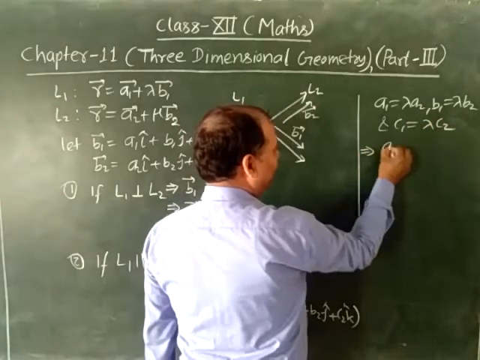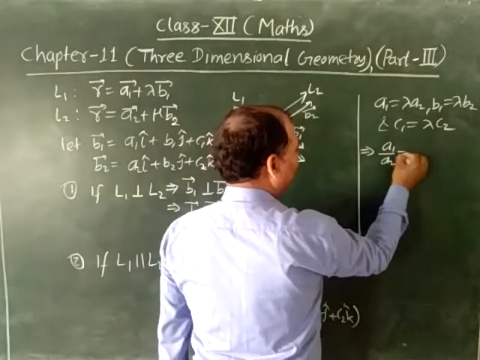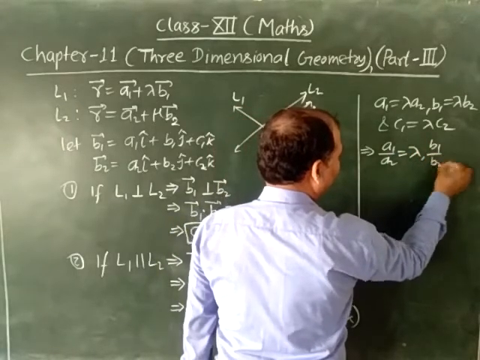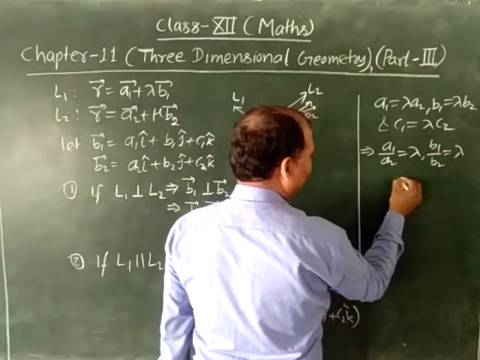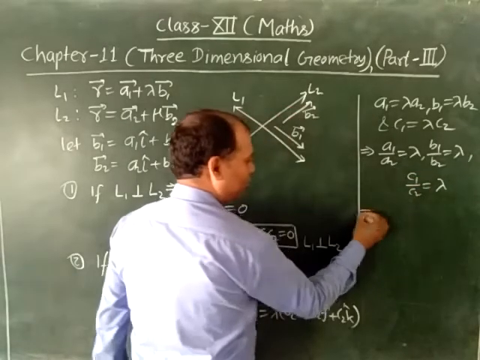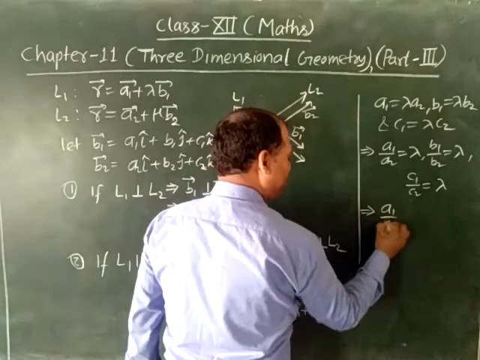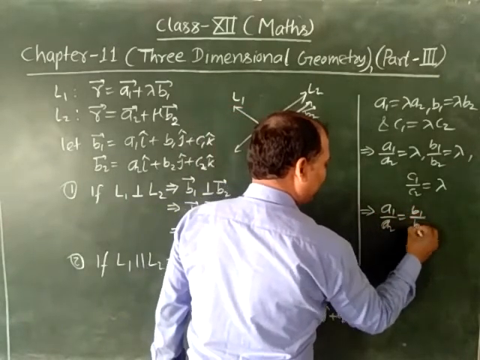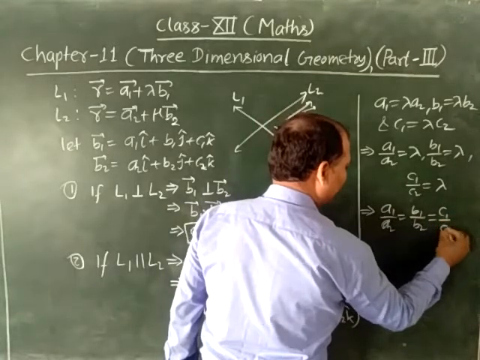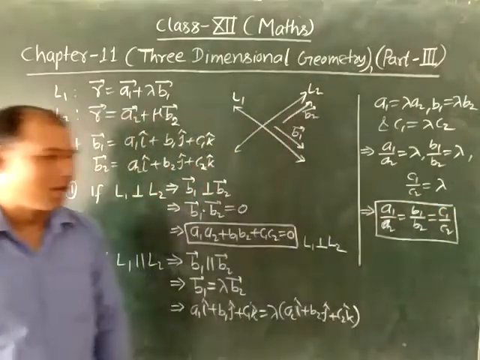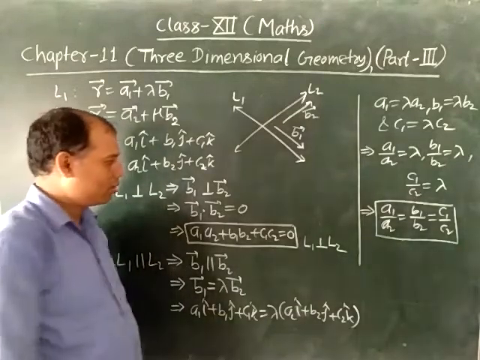So this can be written as a1 by a2 equal to lambda, b1 by b2 equal to lambda, and c1 by c2 equal to lambda. So this can be written as a1 by a2 equal to b1 by b2 equal to c1 by c2. This is the condition for parallelism of two lines.